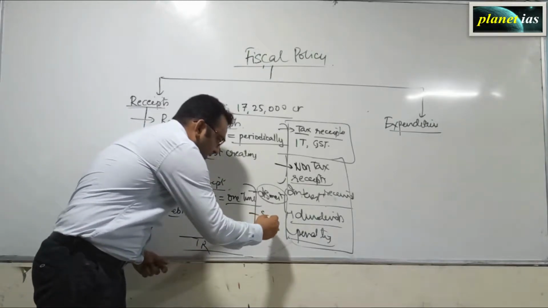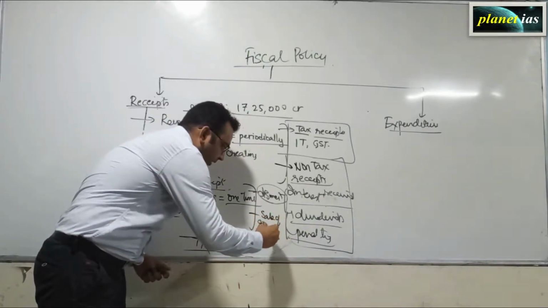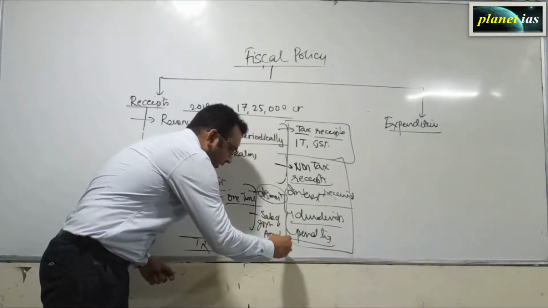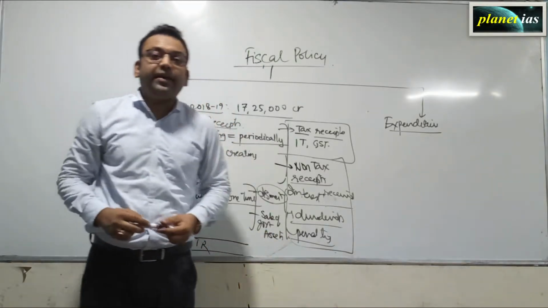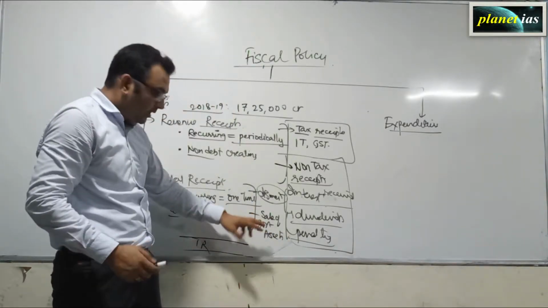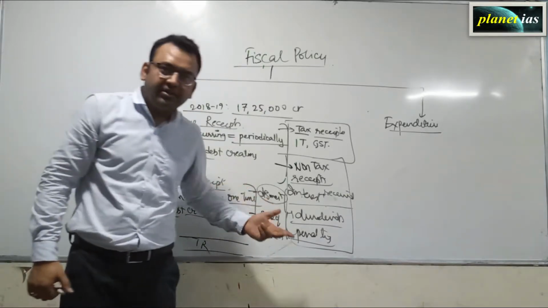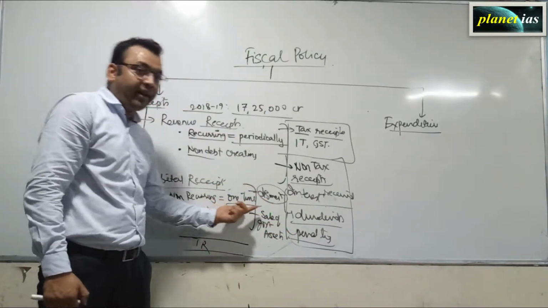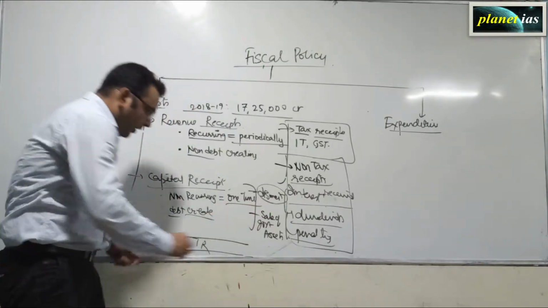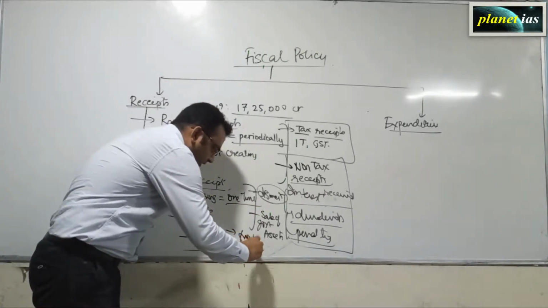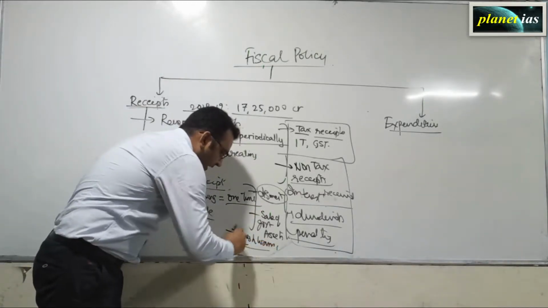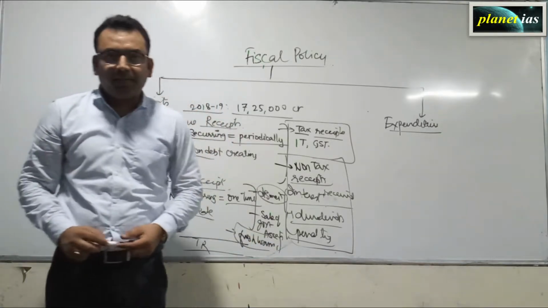For example, the sale of government other assets. For example, the government plans to sell Air India. In that case, the receipts to the government would come under the capital receipt because they are not recurring in nature. The third is the fresh loans which are borrowed by the government, right?